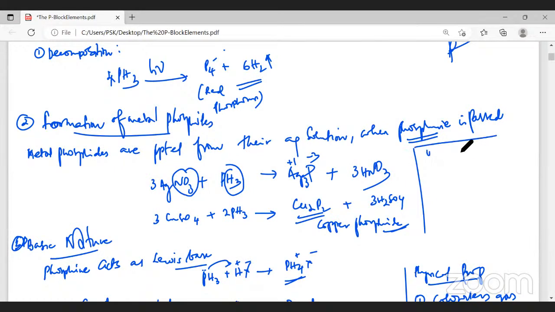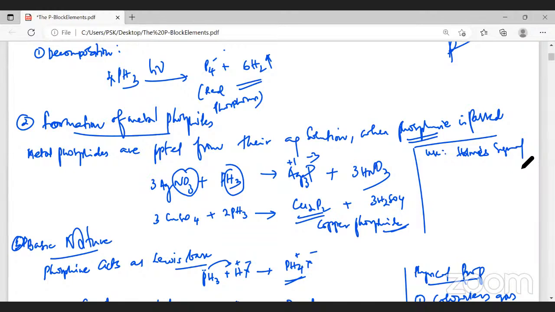This phosphine is used in Holmes signals. Now, what is this Holmes signal? People traveling in a ship at night, if they have to signal to the other ships that there's a ship moving, what they do is fill a can with calcium phosphide and make minute pores and push it into the water.